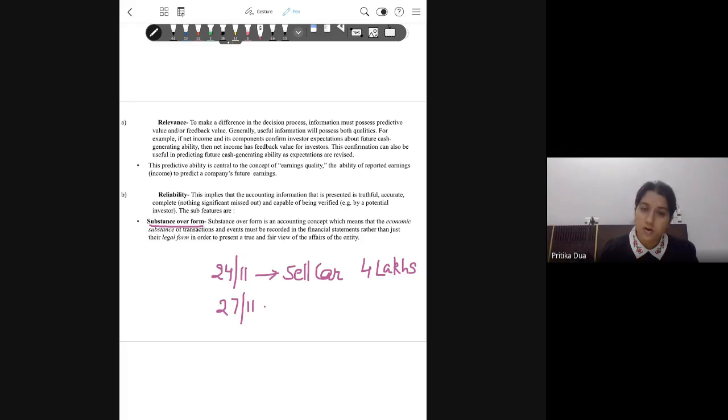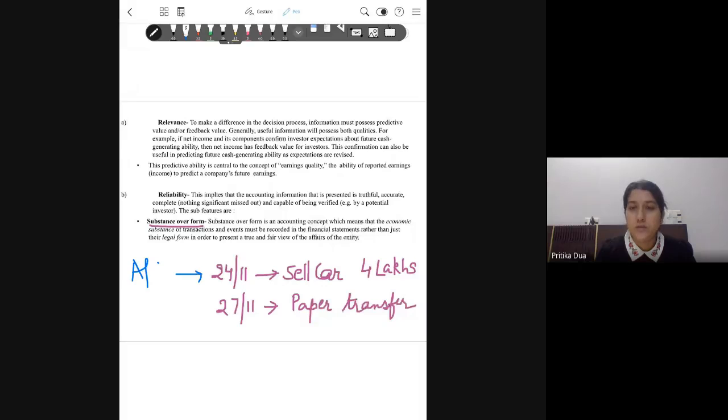Okay, so all the documents, paper formalities, they are completed on 27. Now in the books of accounts, this transaction will be recorded on 24, though the legal formalities are completed on 27. So we prefer substance over legal form. We prefer accounting substance, financial substance over legal form of the transaction.